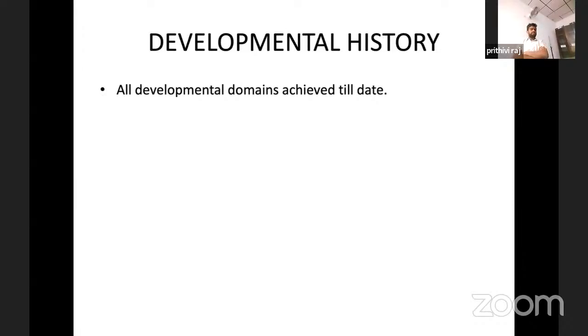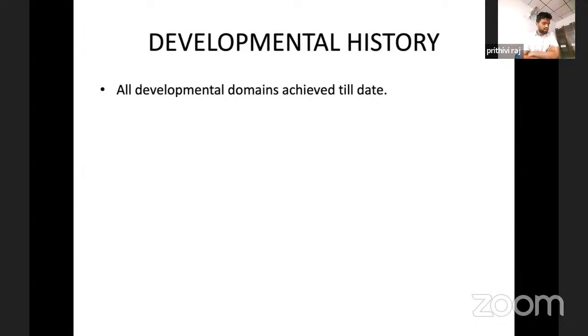So developmentally, if the child is normal, in the development domain you are asking about social milestone, language, gross motor and fine motor.